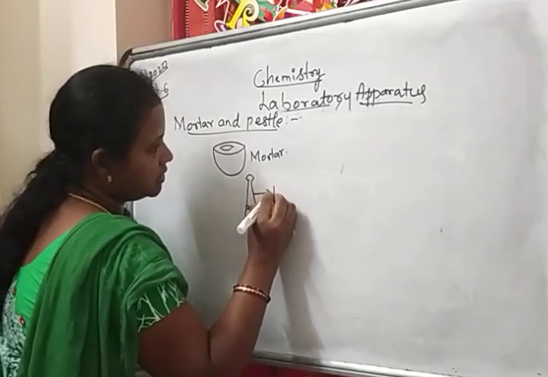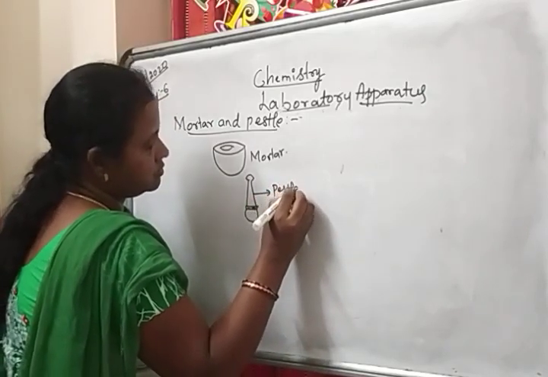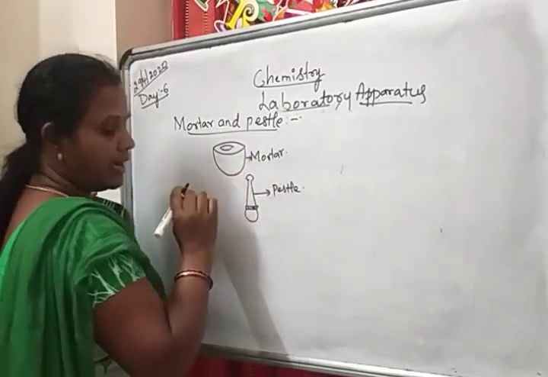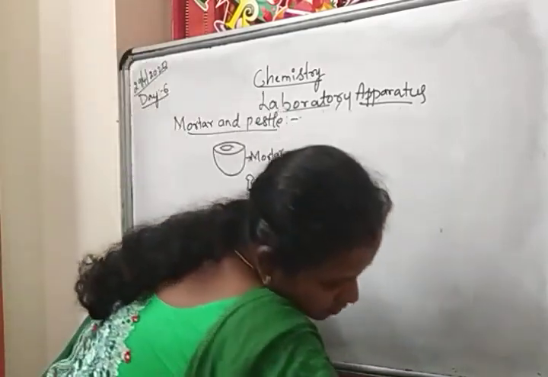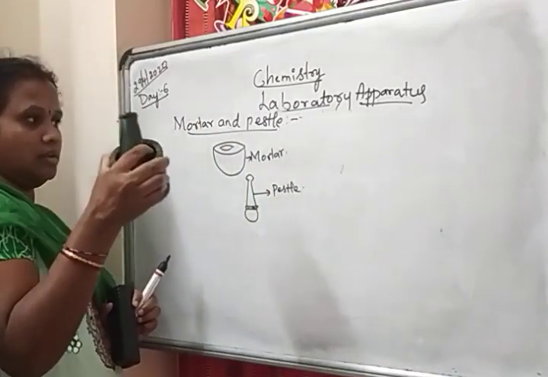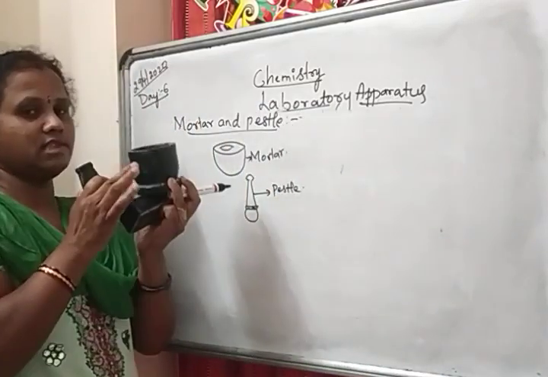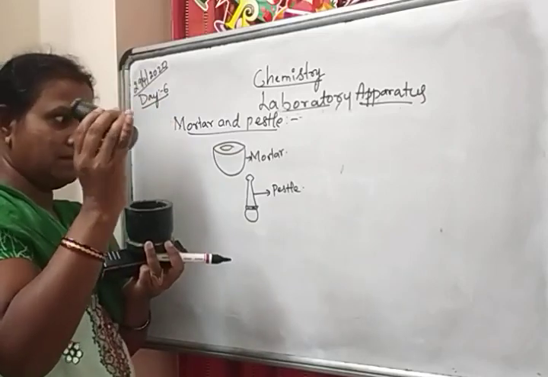This is the pestle. Mortar and pestle, it looks like this. I think you have seen it in your kitchen. Okay, this is the mortar, and this is the pestle.